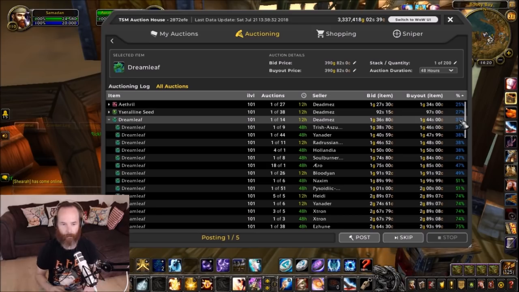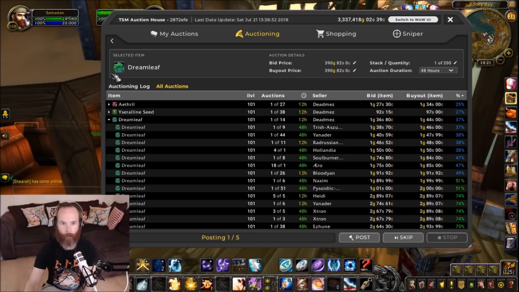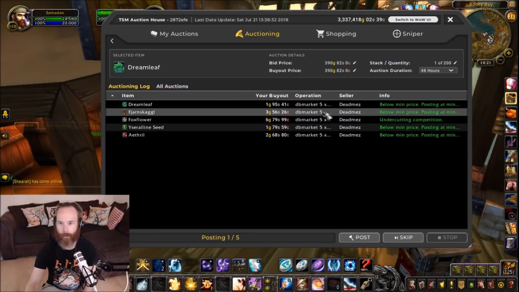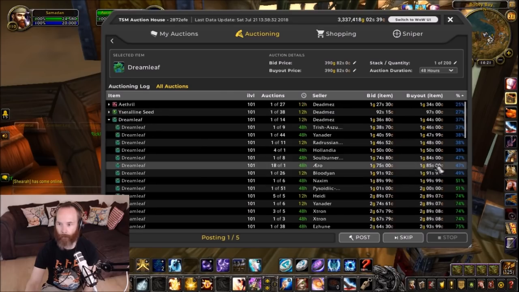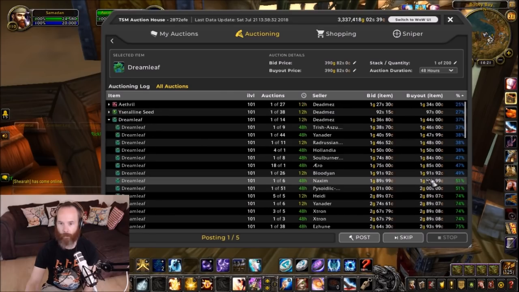So you can see here, it's certainly at this time of the game, people are dumping their materials, and so you're able to get things quite cheaply. If you still want to sell things yourself, then you could make that decision. Do you want to go to this rock bottom price, or do you want to keep your price at where it's at? Because at the moment the Dreamleaf price is at 1 gold 95. So if you were to look into your auction here, you'd be coming in at this point here.